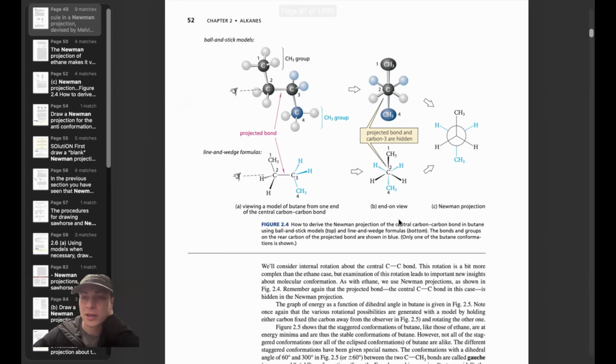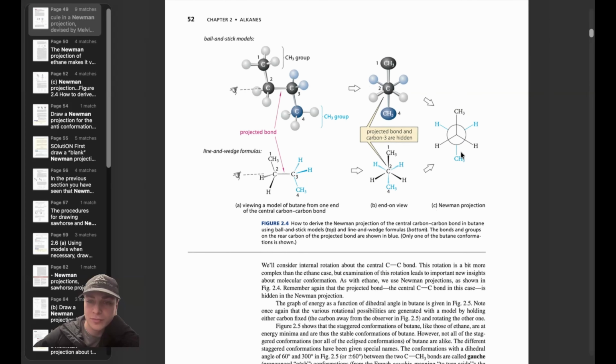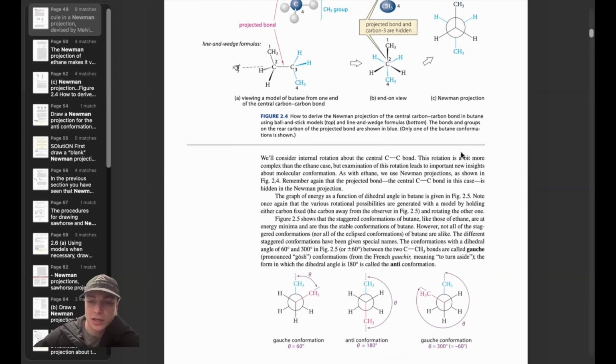So more in line with what we were just looking at. Obviously, in one case we had OH instead of two different CH3 groups, just so that you could see a little differentiation. But we're going to see the same principles working here.